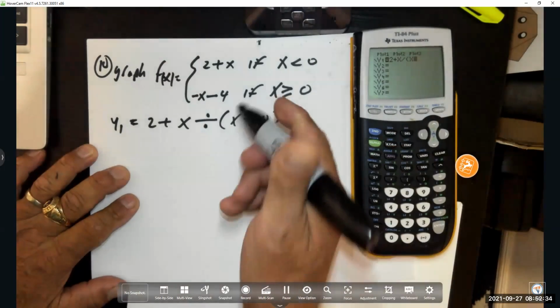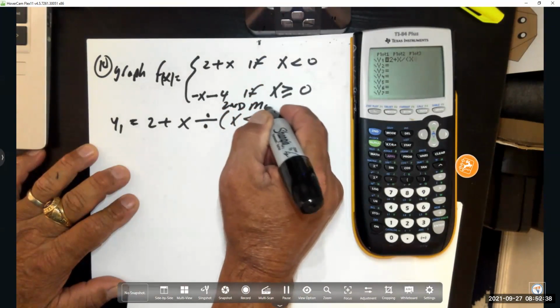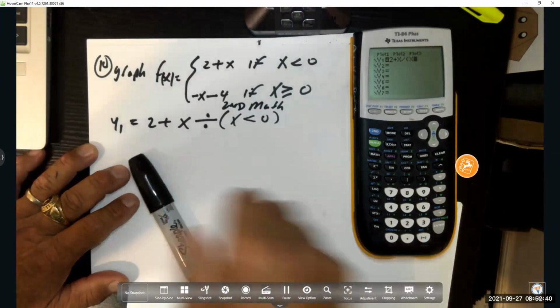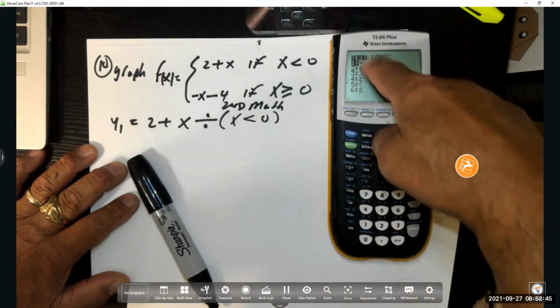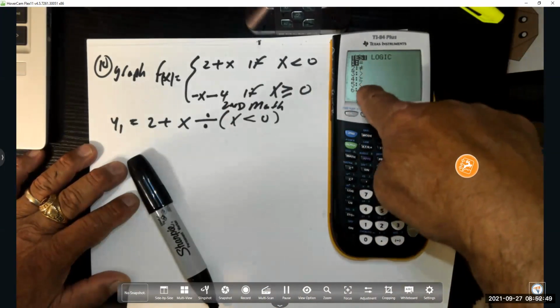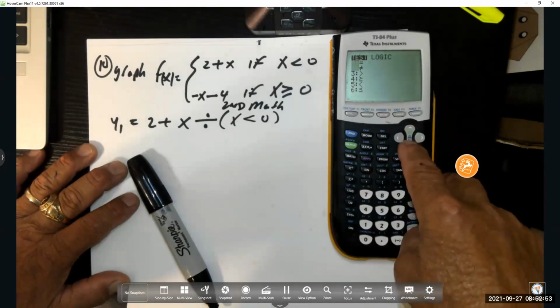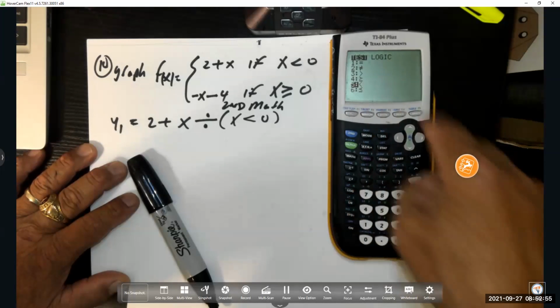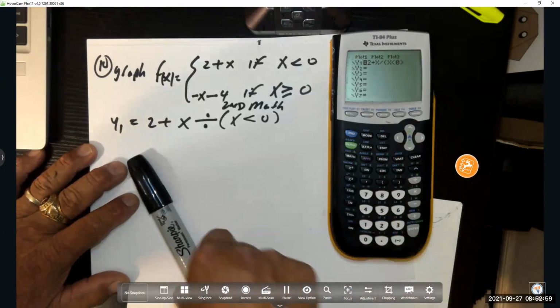Let me write this down. You got to hit second and math right here. If you hit second and math, you're going to see all the symbols in front of you. You see them? It says logic, whatever, and right next to it, I'm going to find the one that says less than, which is number 5. Hit enter.